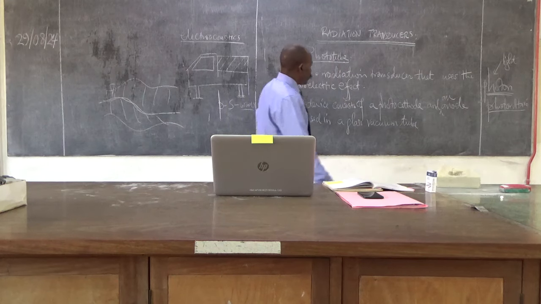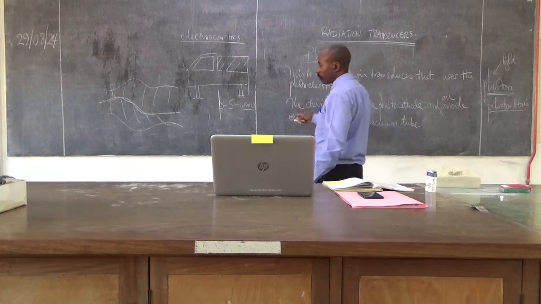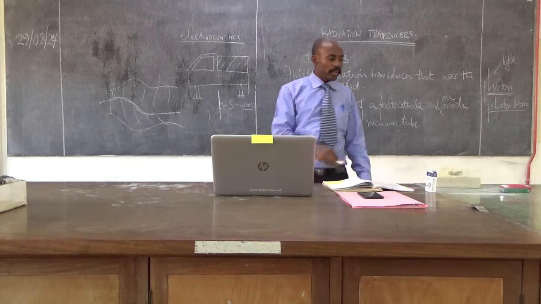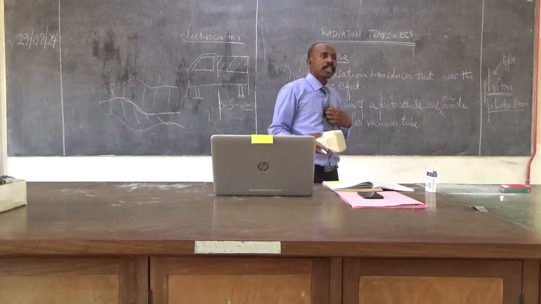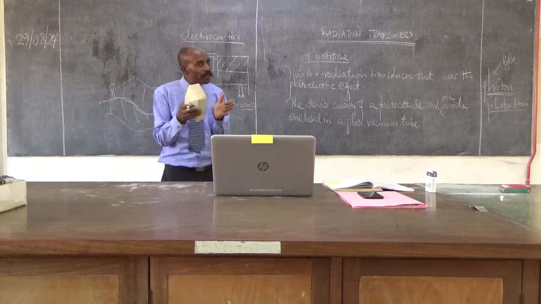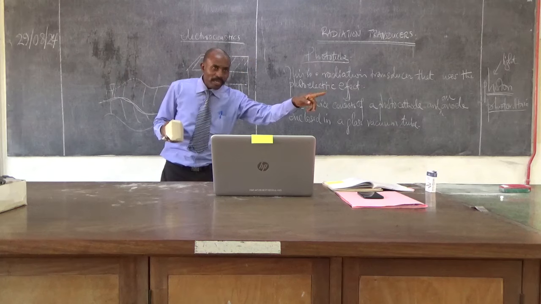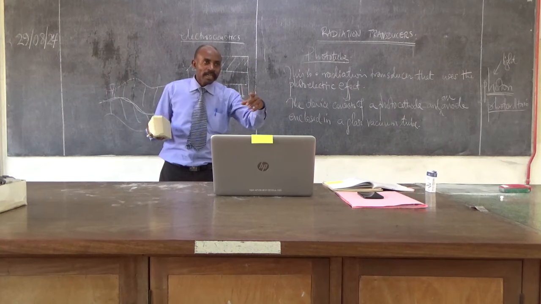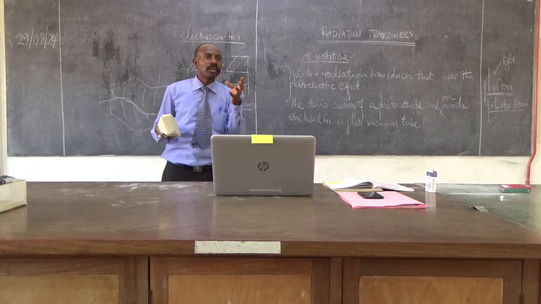So when light falls on the cathode, it produces electrons which get attracted by the anode, and then current starts flowing. It is up to you to use that current for any output you want. If you put a buzzer, it is like an alarm, like a siren.